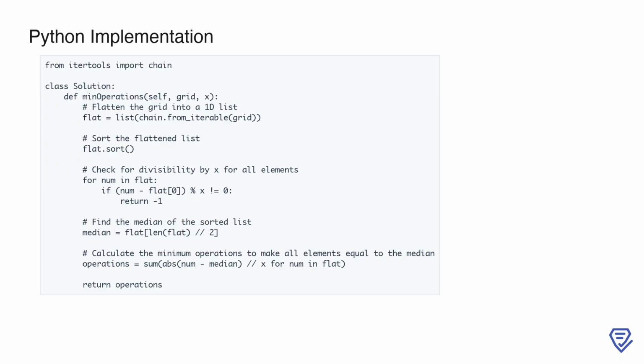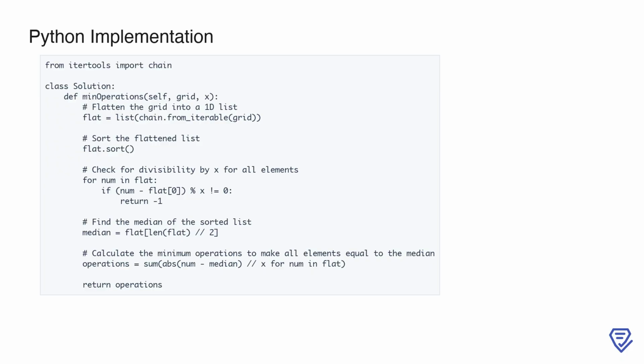4. Find the median. The median of a sorted list minimizes the sum of absolute differences. Here, it is used as the target value for the transformation. 5. Calculate operations. For each element in the flattened list, we compute the number of x-sized steps needed to reach the median. This is given by abs(num - median) / x.